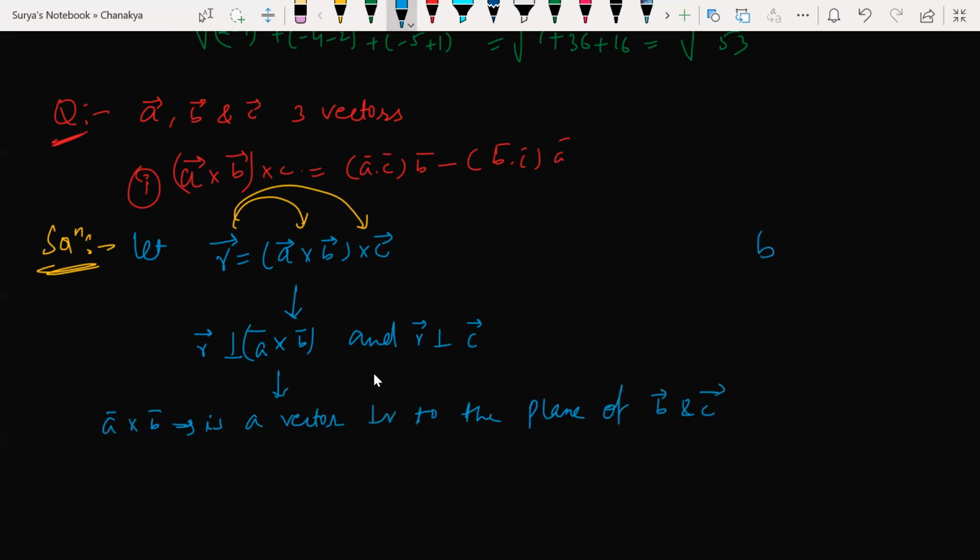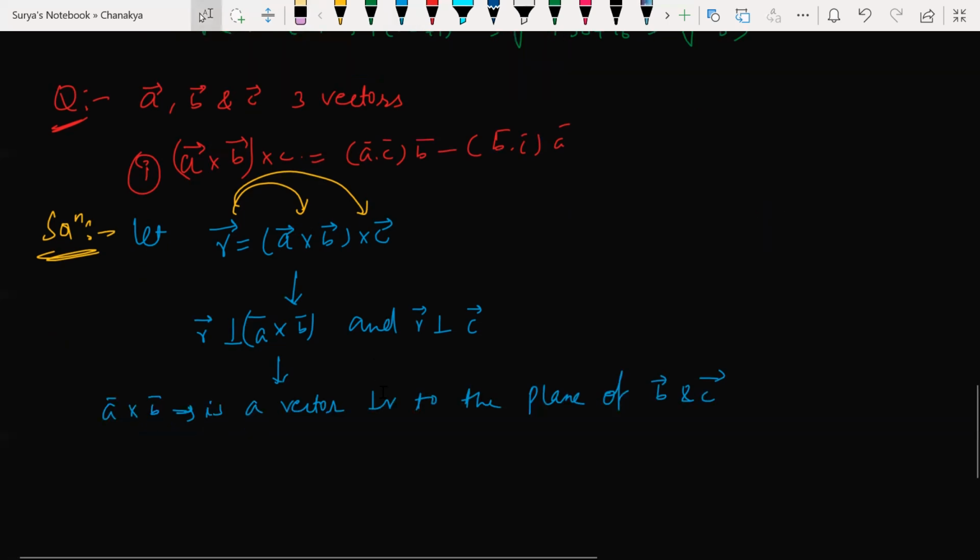So R is perpendicular to this, which means R lies on the plane. Which plane? The plane of B and C. Correct?